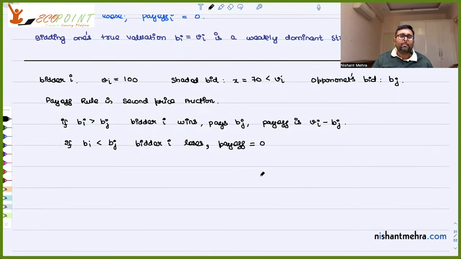So you are going to compare truthful bidding, when player I bids his true value, and shaded bidding, when he bids less than his true value.